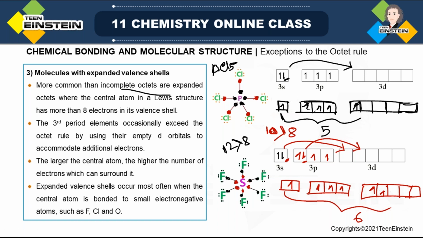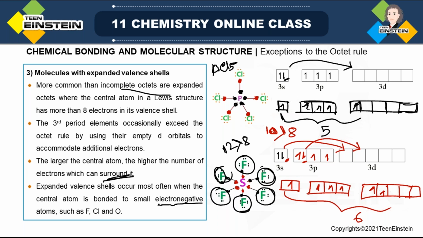The larger the central atom, the higher the number of electrons it can surround it, and expanded valence shells occur most often when the central atom is bonded to small electronegative atoms. Now see, sulfur is accommodating a total of 6. Fluorine and chlorine also have some volume, right? If I draw the atoms like this, they have some space.